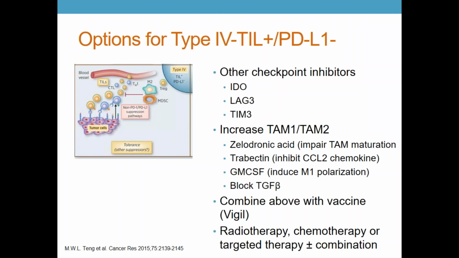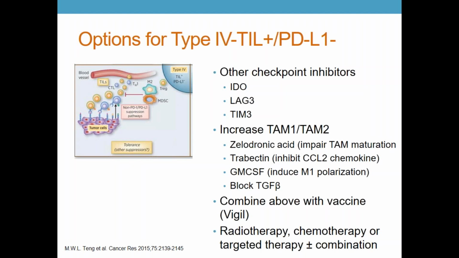I mentioned earlier that there are two types of macrophage and two types of neutrophils, and we want to increase the type 1 TAM and the type 1 TAN over the type 2, because the type 1s are essentially the ones that will attack the tumor cells. And there are ways that can be looked at and that are being looked at.